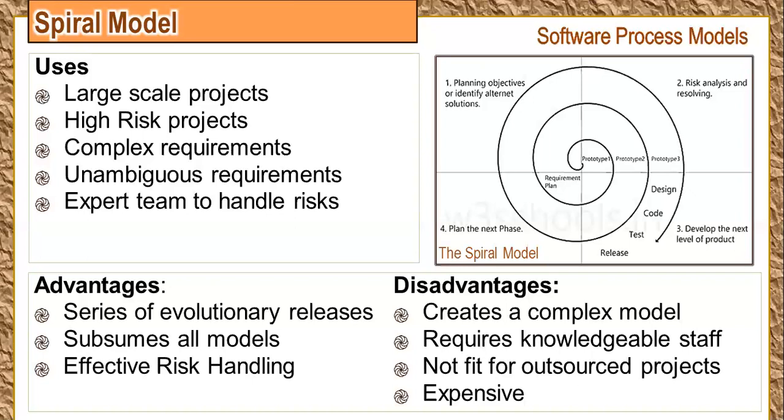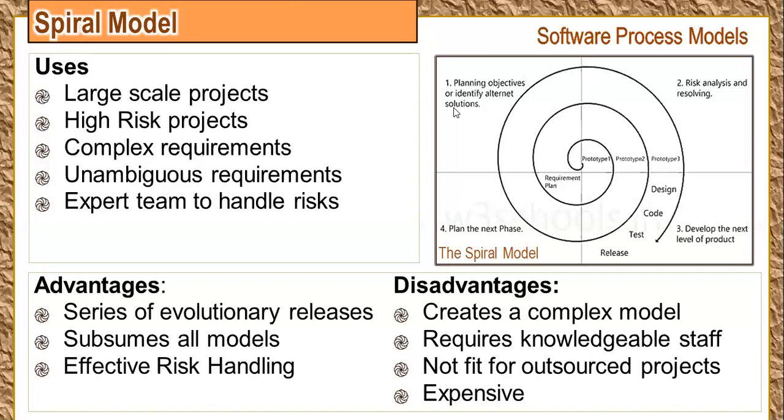The first phase, you can say these are quadrants. So your first quadrant is having features of the product and objectives that are investigated. What you are doing is planning your objectives and finding out if there are any alternative solutions.